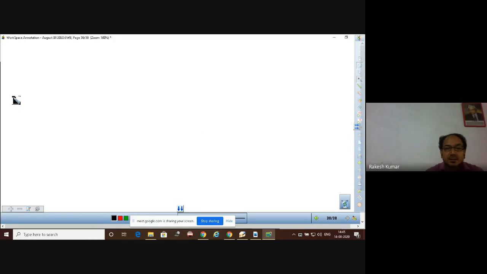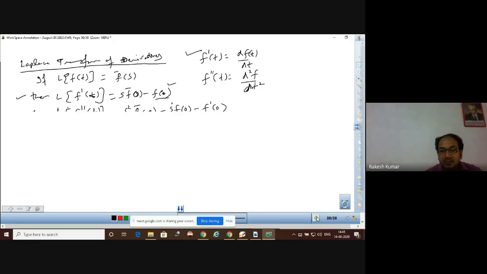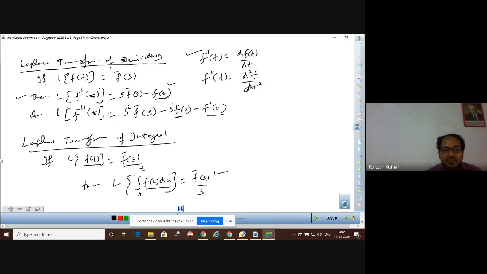If this is the formula, this formula can be used as an inverse. From this formula, we can also write Laplace inverse of f bar s over s is equal to integral 0 to t f of u du. We can also use the formula in this way.